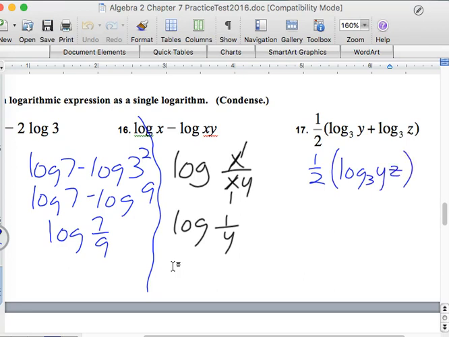What on earth is that on here for? From these two right here. They both had that 1/2. That's why there were parentheses up there.